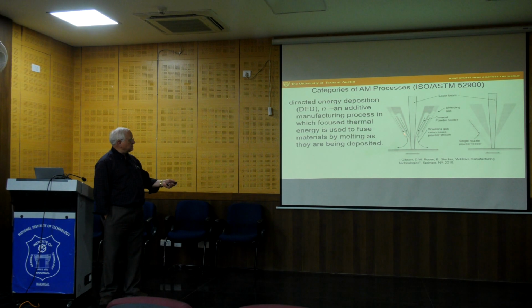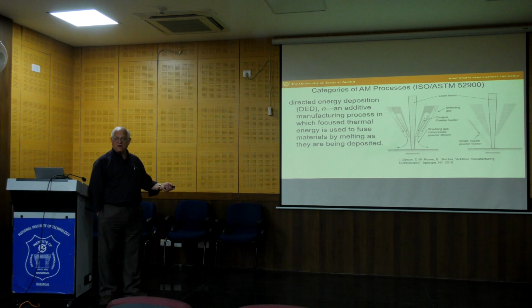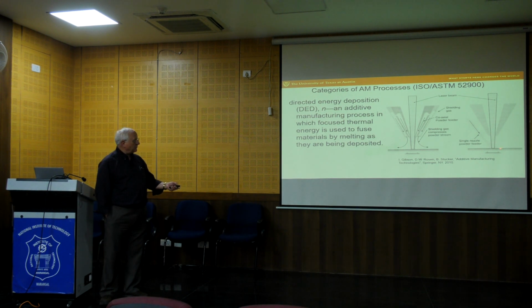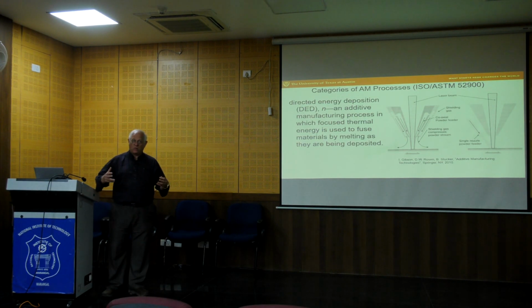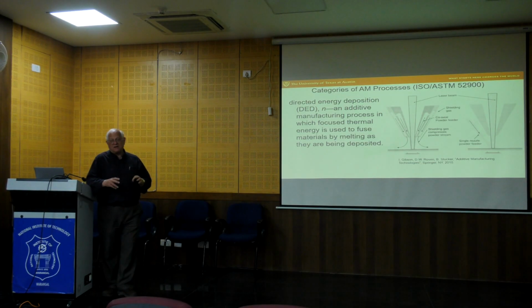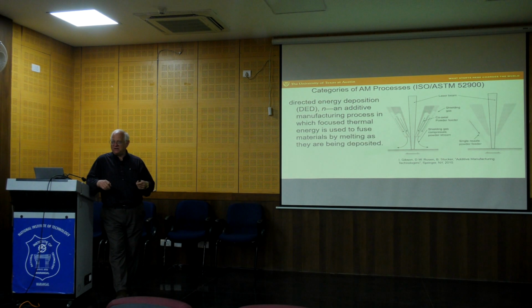This shows the feedstock coming down a tube in powder form into the work area. But it's also possible to have a nozzle and to feed powder feedstock from the side, or also, for certain technologies, a wire feed, and to feed wire down. In this way we can produce large parts very quickly, because wire feed DED is the technology that has the highest rate of material deposition of all of the additive technologies.